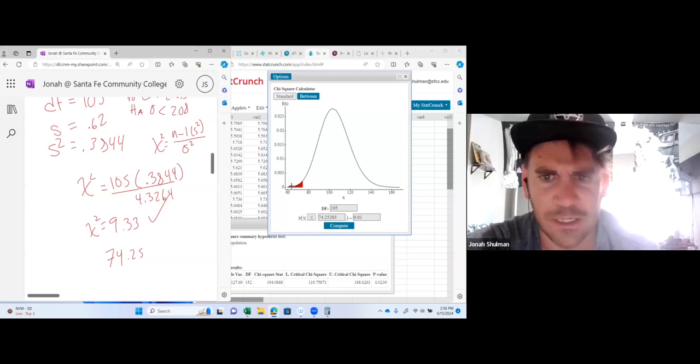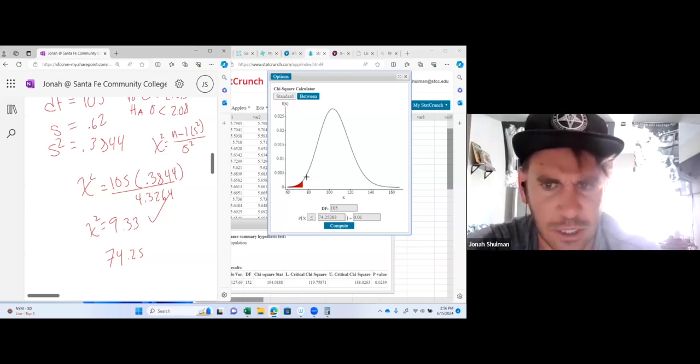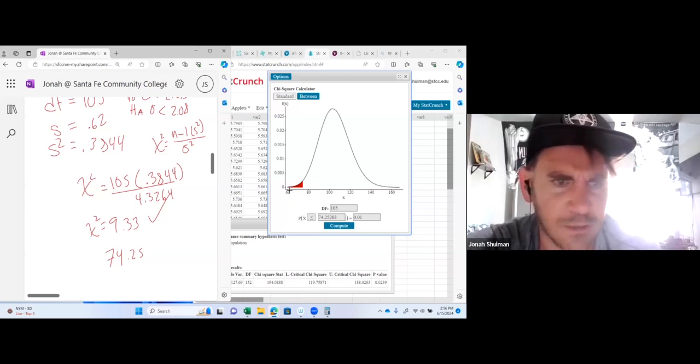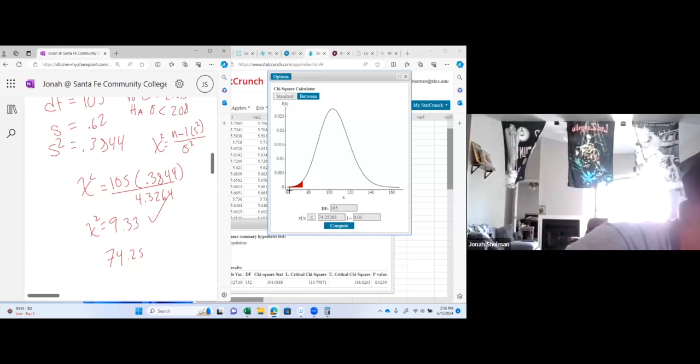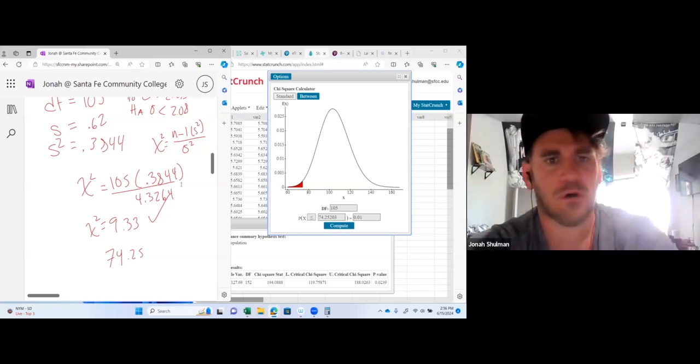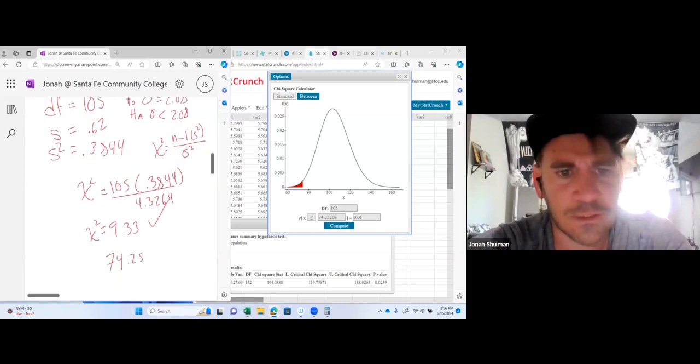So we're in the range. I think we're good actually. We ended up with 9. We should be good to go. Yeah, so we can reject the null. This is significantly less. Okay.